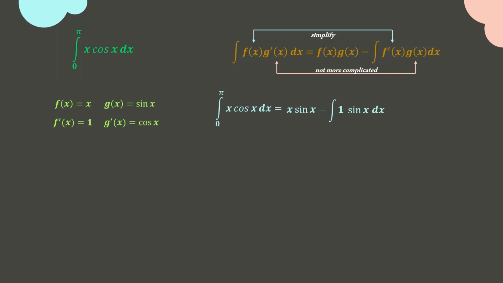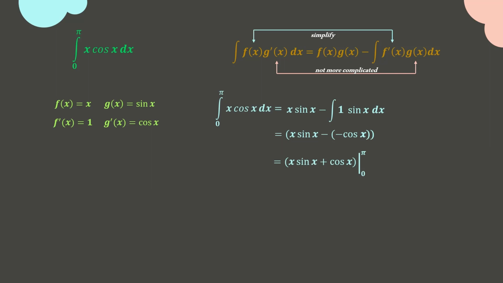The integral of 1 times sine of x dx is equal to minus cosine of x, so minus minus cosine of x is subtracted from x sine of x. We can simplify this to x sine of x plus cosine of x. Remember, this is a definite integral, so we evaluate this whole thing at pi and at 0, and then take the difference between the two.